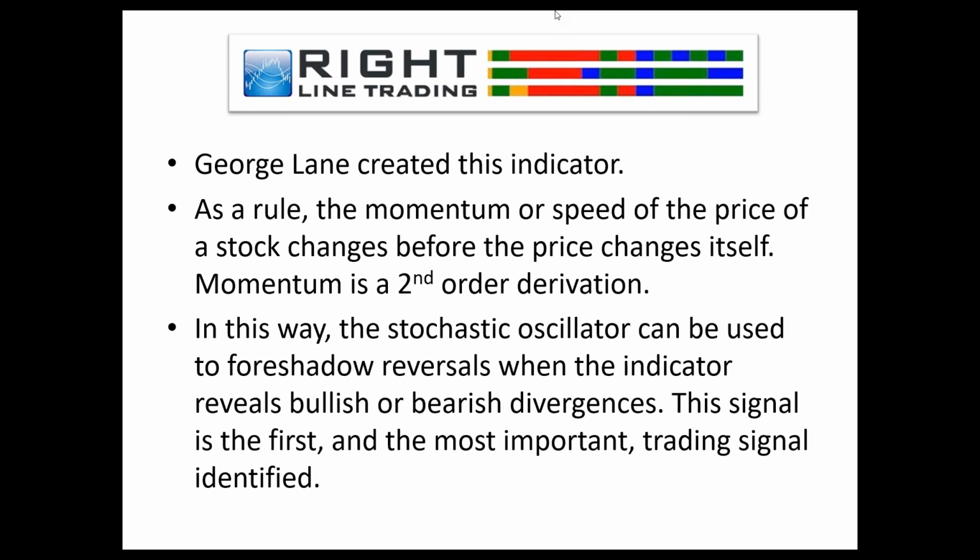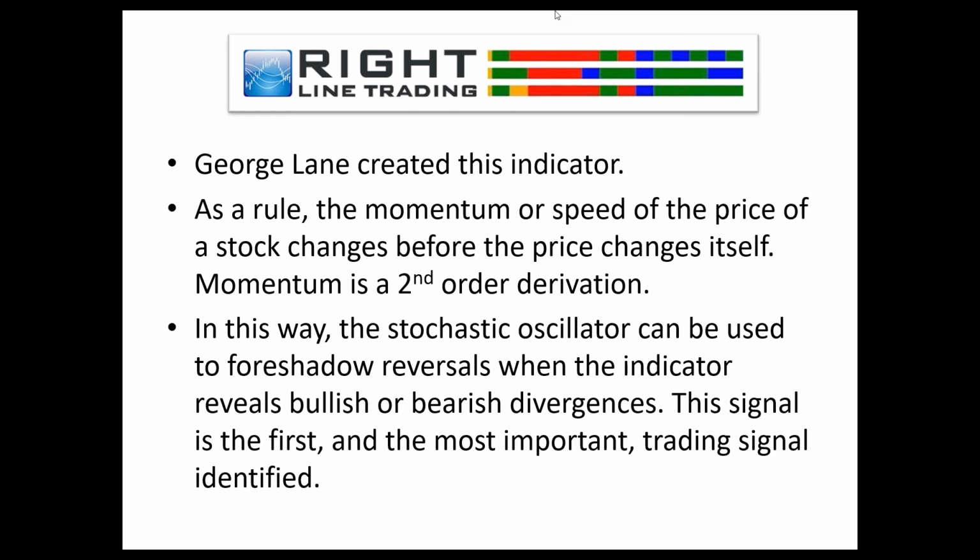But as the car begins to accelerate, momentum begins to increase. And as the car decelerates, momentum begins to decrease. So because it's the rate of change of a specific variable, that's why it's considered to be a second order derivation.